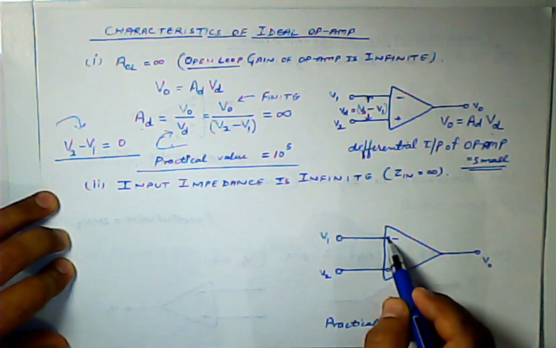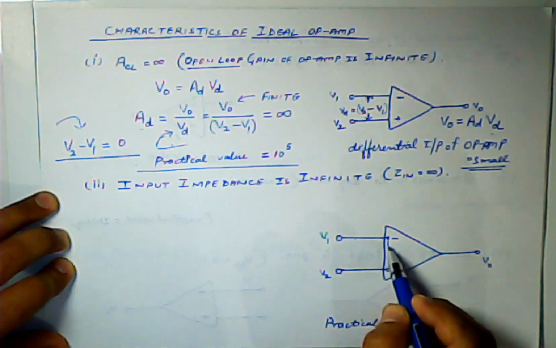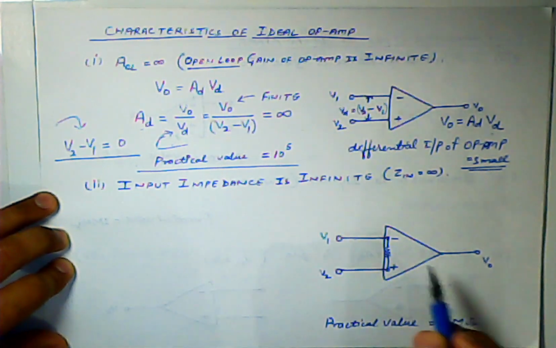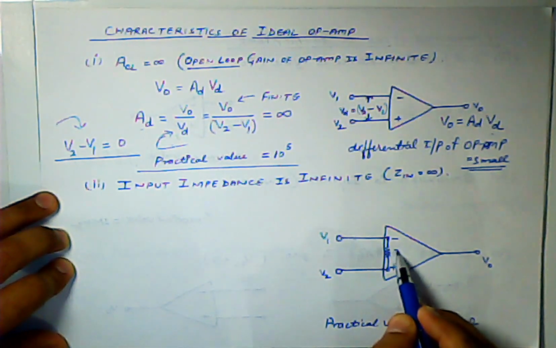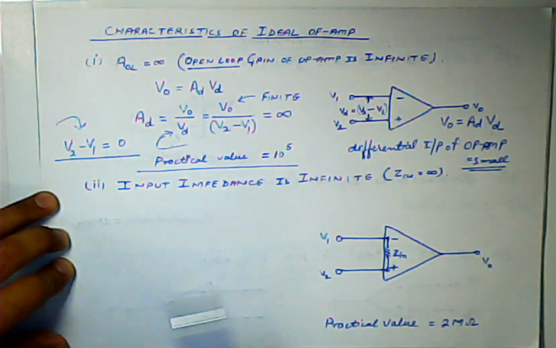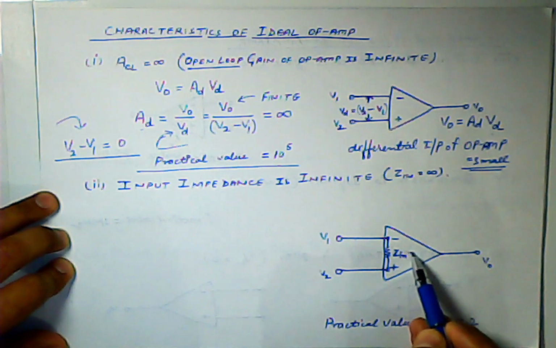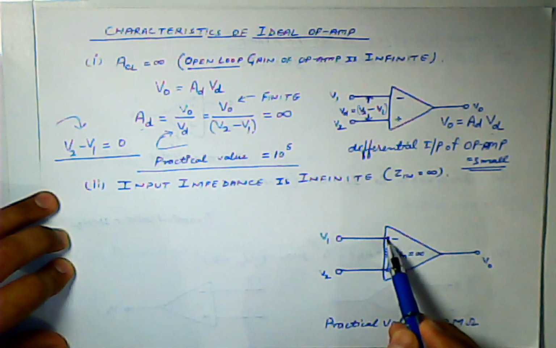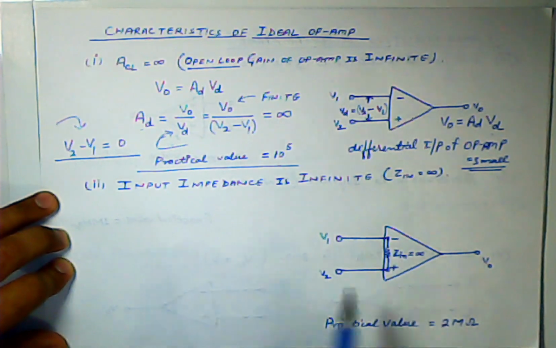I hope you remember the practical equivalent circuit of an op-amp like this. It has an input impedance like Zin here. So if this value is infinity, ideally, this is an open circuit.